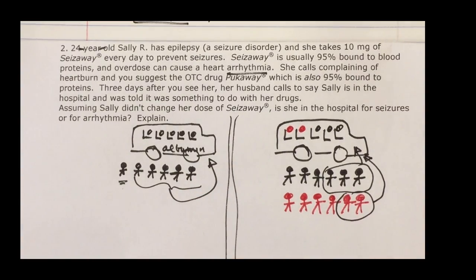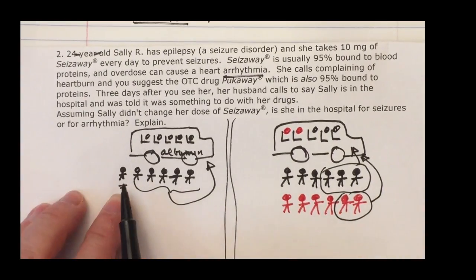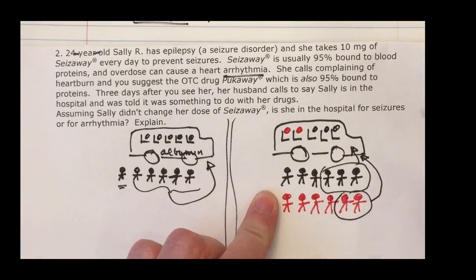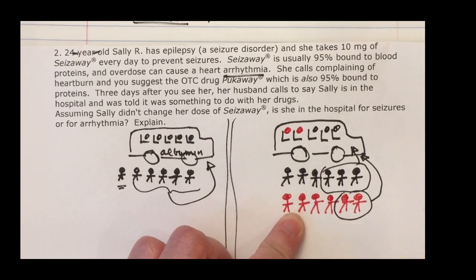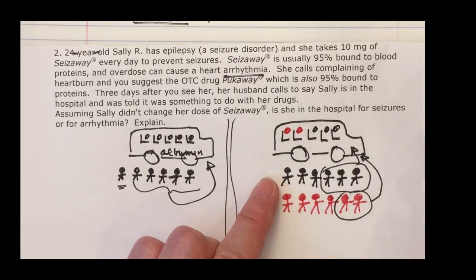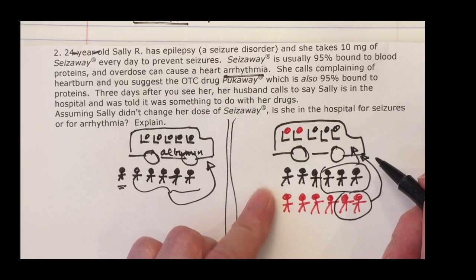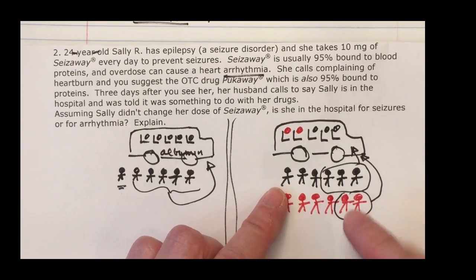The problem is now that before, when she was just taking the Seizaway, 1 out of 6 molecules was free and available. If she's taking another drug that displaces that Seizaway, now she's taking 3 times the dose. And the chances are that if any change is going to happen because of albumin displacement, you're probably going to have too much.